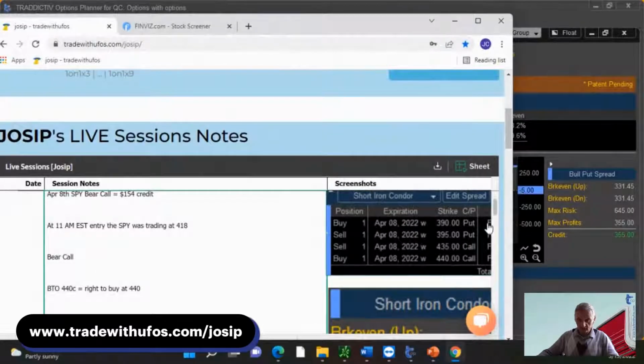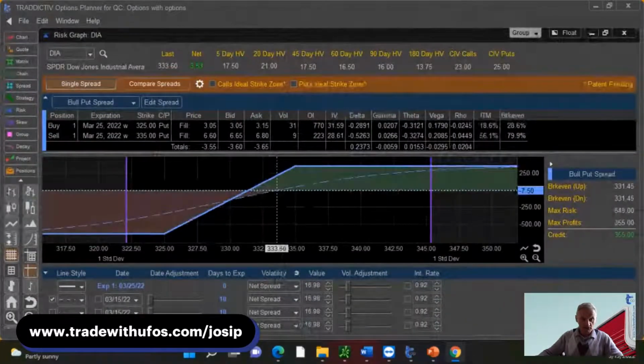Last time I cut it without the short iron condor, then I had to rebuild it, because it's really important that the option tactic is spelled out here, so you know what option tactic I'm doing. In this case, I'm doing the bull put spread, and I was filled right here.